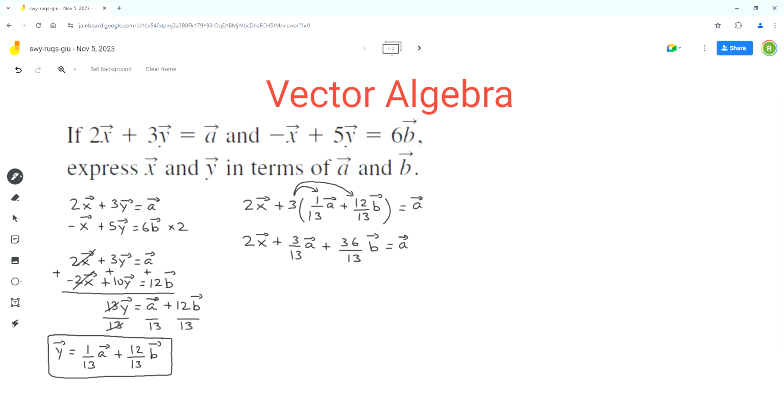Now we can isolate the x term on the left side by moving the a term and the b term from the left side to the right side. So that will change the sign of these two terms.